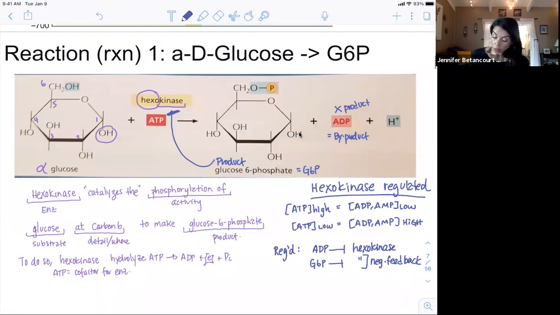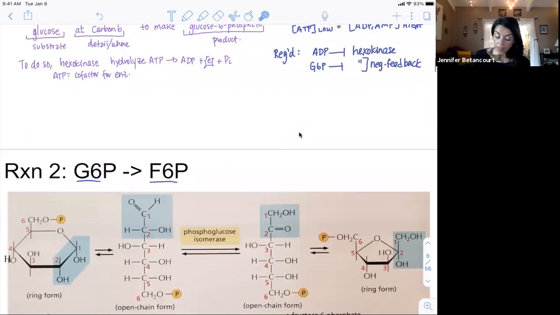What you'll also notice is that the product from this reaction is the substrate for the next reaction. So when we're talking about those big synthetic or metabolic pathways, the product of the previous reaction becomes the substrate for the next reaction. It's a domino effect, it just keeps on happening.